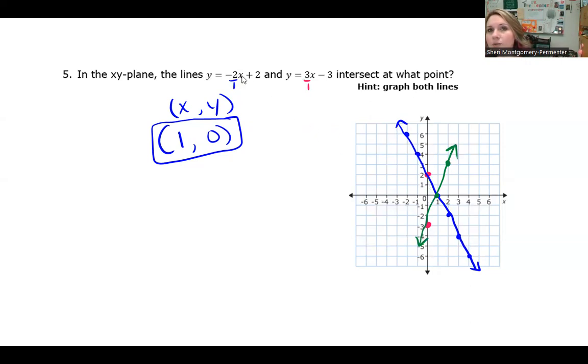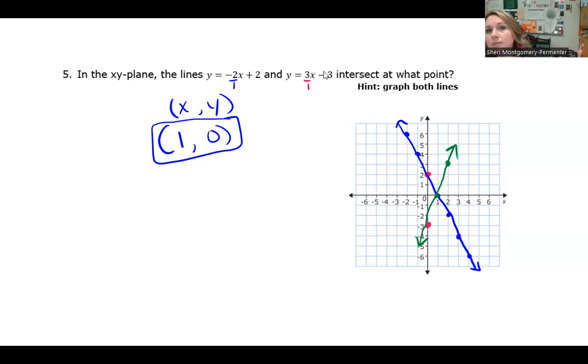From there, I do whatever the slope tells me. The negative part tells me to go down. So I go down 2 and then over 1, down 2 again, over 1 a couple of times. I can also go the opposite direction to continue my line. And then I connect it.